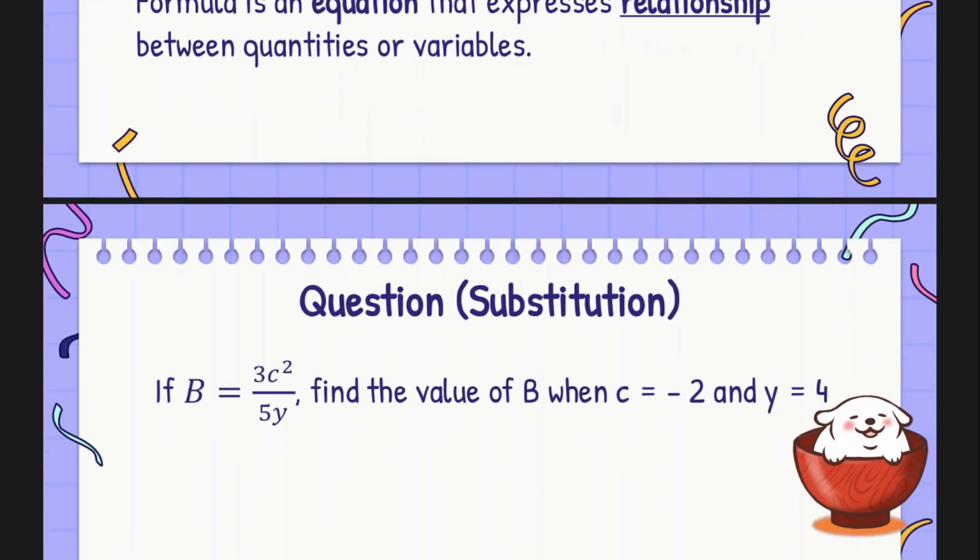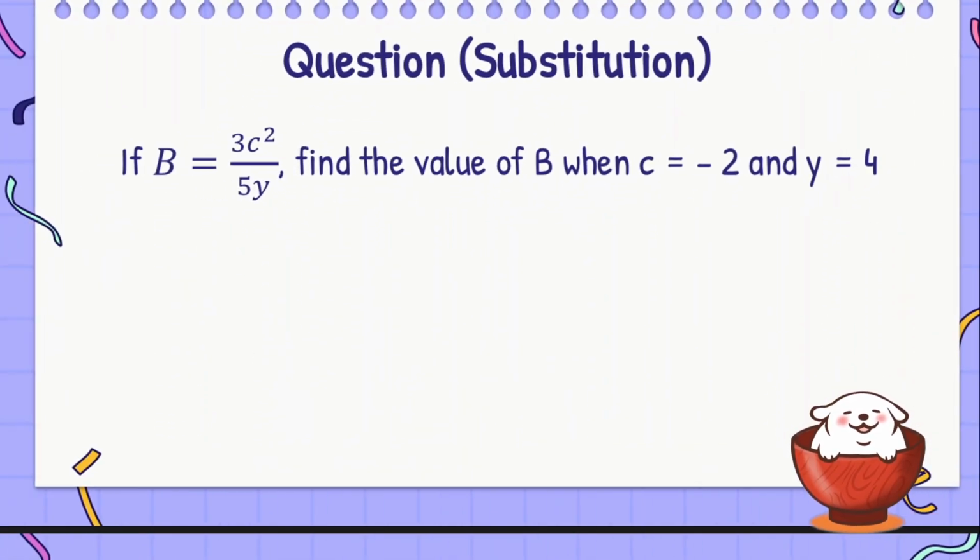Now let's look at some questions. We have an equation here, b equals 3c squared over 5y. You may not have seen this equation before, however this is a case of simple substitution. They ask you to find the value of b when c equals -2 and y equals 4.